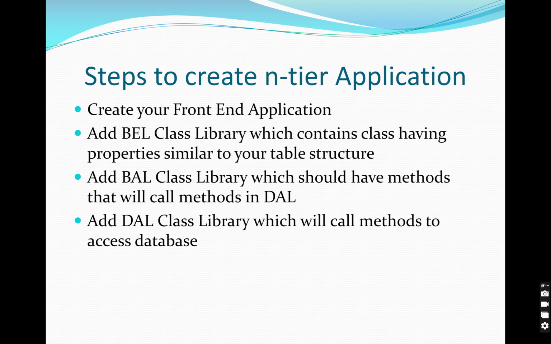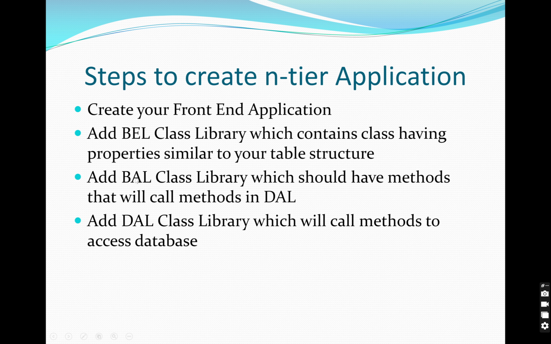So these are the steps to create the entire application. We will see the demo in the MVC application for this scenario. We will create our front end application, which will be an MVC application. That will become your presentation layer. Then we will add some libraries. The libraries will be business entity layer, in which you will put all the classes.